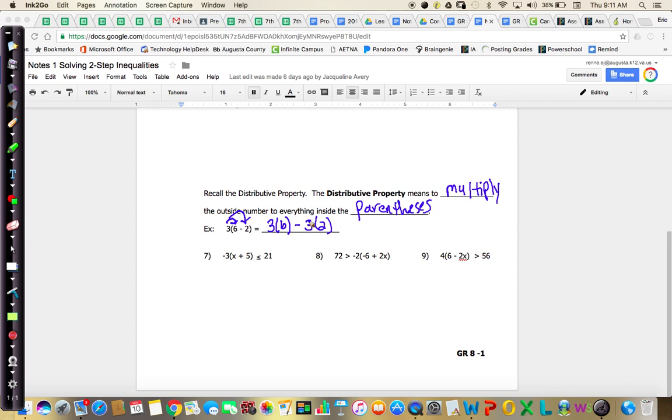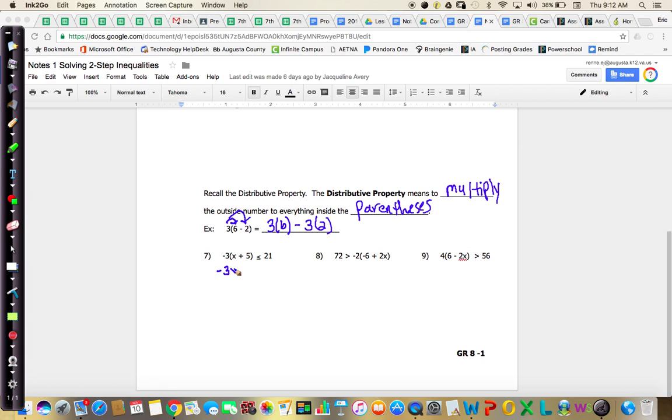Okay, so we're going to apply that process down here, and then once we do the distributive property, we're left with a 2-step inequality. So we're going to distribute the -3 to both parts inside the parentheses. So -3 times x is simply -3x.